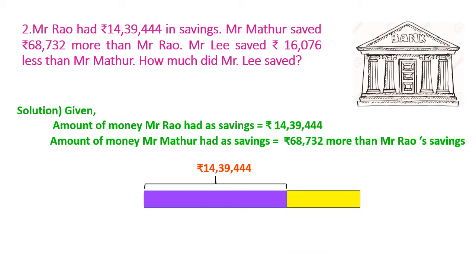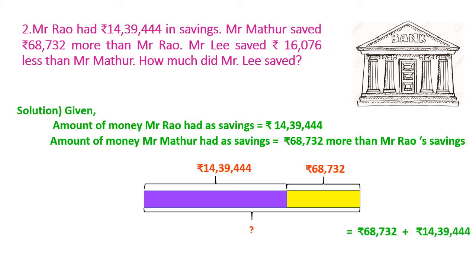Let's suppose the extra savings which Mr. Mathur has compared to Mr. Rao is represented by this yellow bar which has a value of 68,732 rupees. Now in order to know the total amount Mr. Mathur has, we have to calculate this region of the bars. So we will add these two numbers.